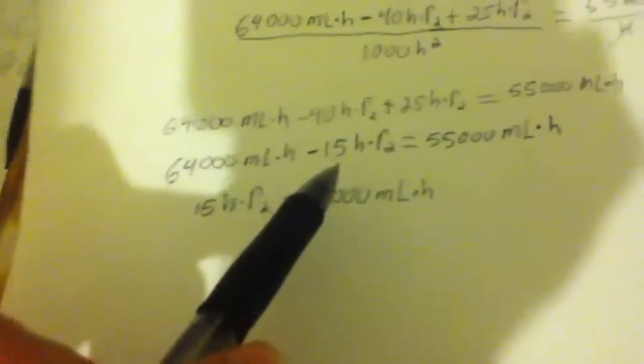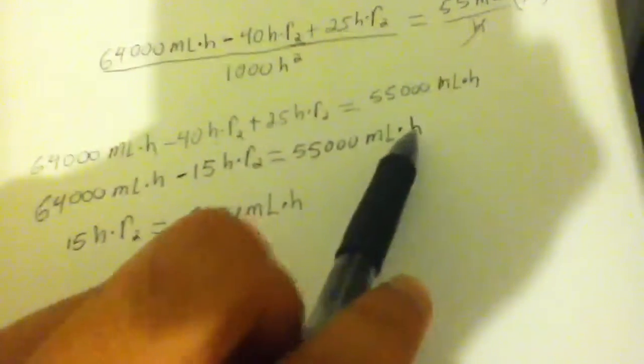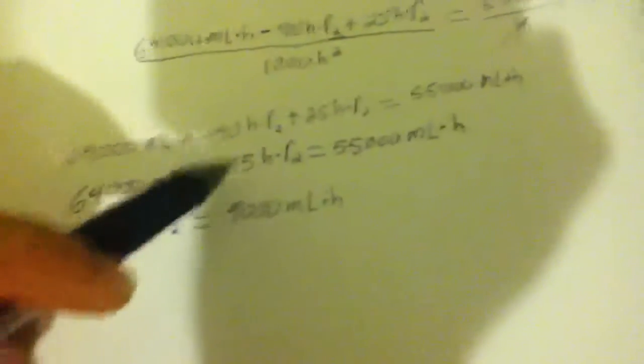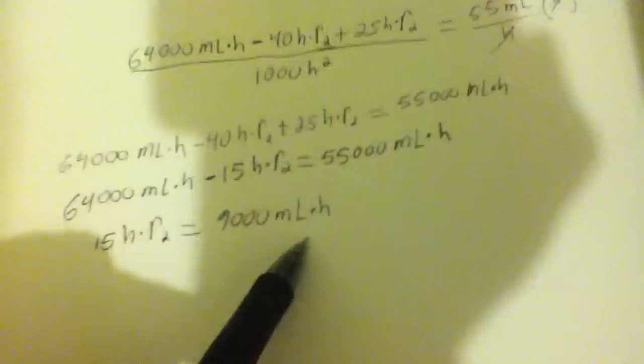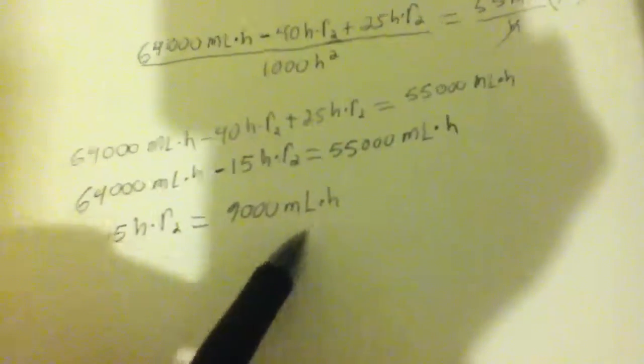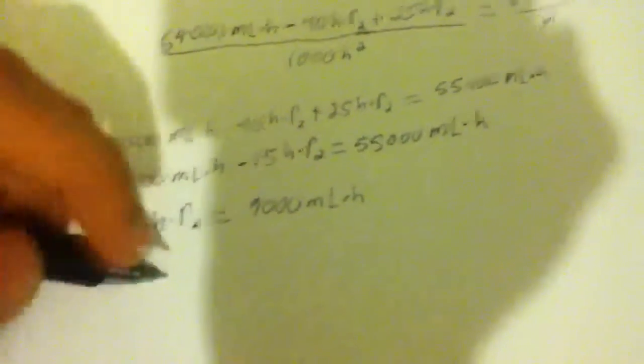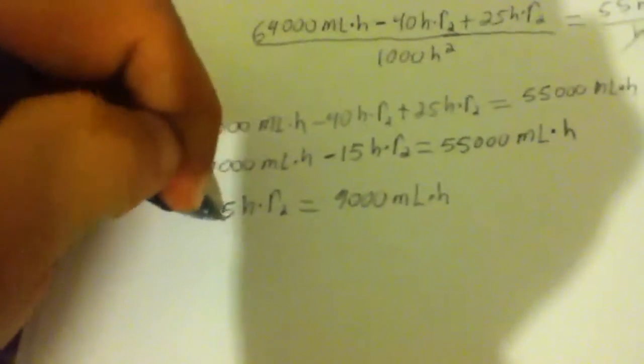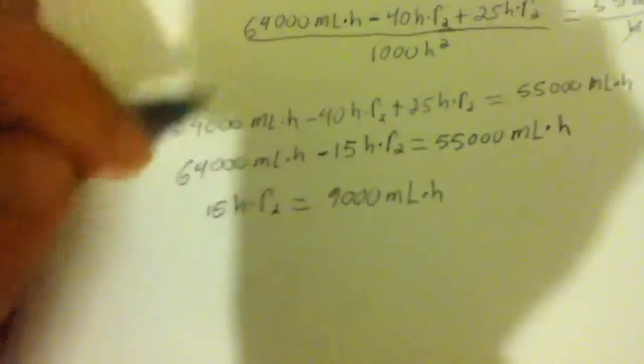Even though I kept that quantity on this side, it is the same thing as if we kept the 15hR2 on that side, so that doesn't matter. So now we're going to divide both sides by 15h.